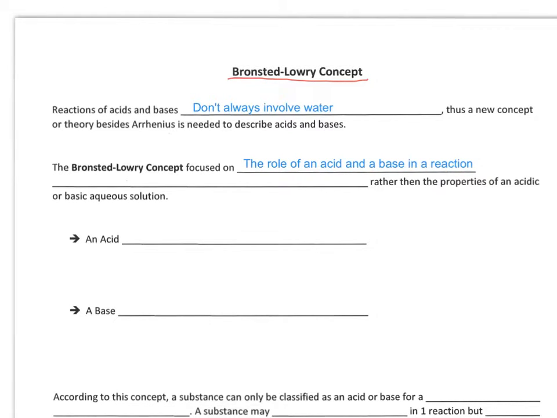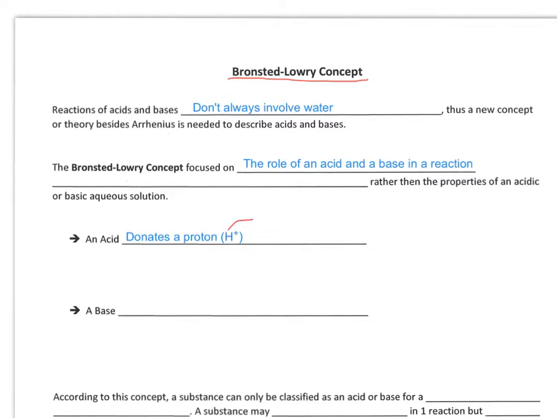The Arrhenius definition focused on how they behaved in water, whereas our Bronsted-Lowry concept focuses on how they behave in a reaction together. And so what we know is that an acid, according to the Bronsted-Lowry concept, donates a proton.